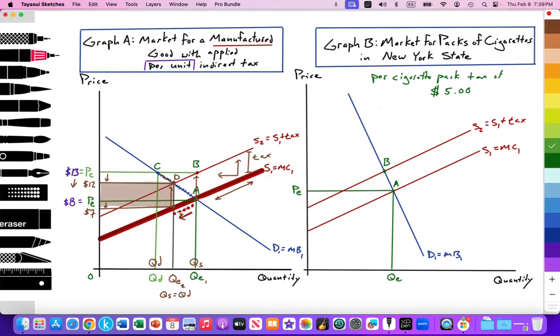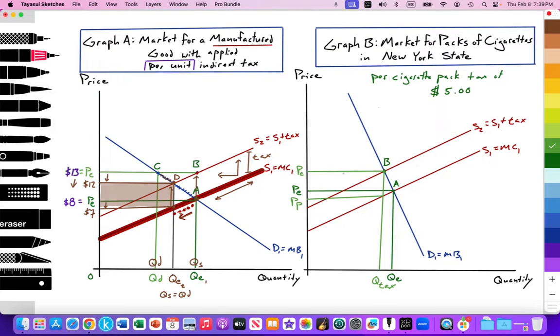And that raises the price paid by the consumer. Consumers pay a higher price at PC, and that reduces the price received by the producer to PP, price received by producer. Okay, and then I'll call this quantity with tax.